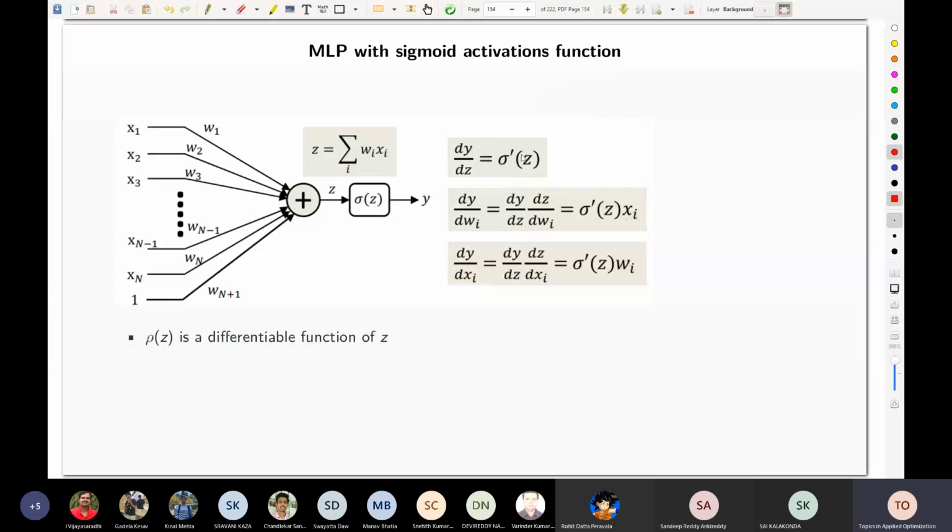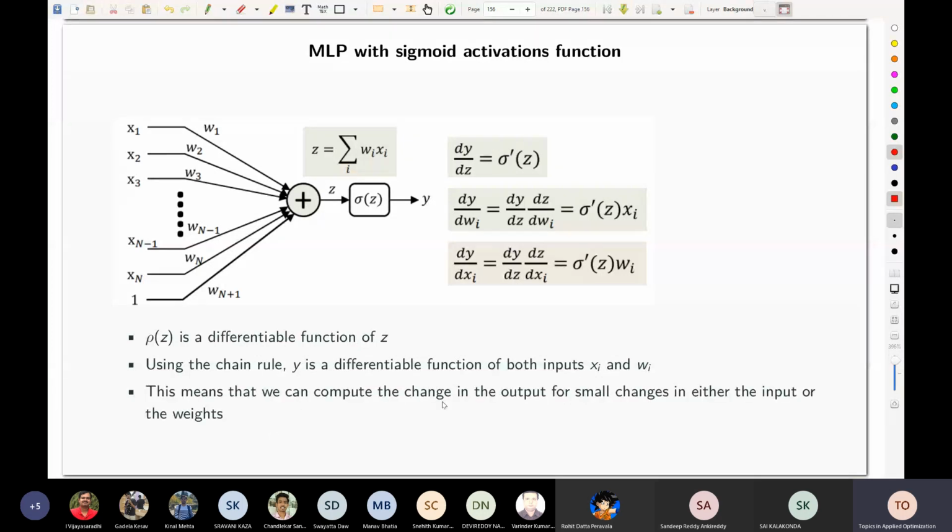For activation functions like sigmoid, it is a differentiable function, because 1 over 1 plus e to the minus z is differentiable. Exponential is a differentiable function. So that's a good thing. We can differentiate and compute the gradients. This means that we can compute the change in the output for small changes in either the inputs or weights. The whole idea behind computing the gradient is to understand the sensitivity to the input.